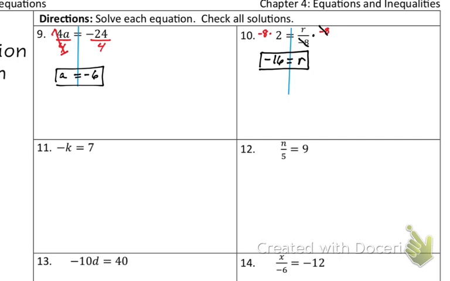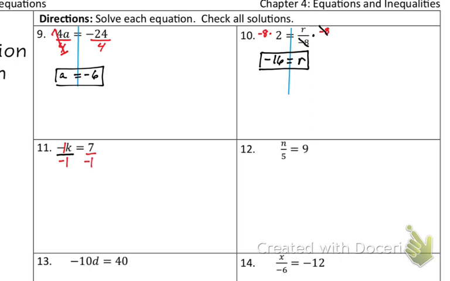All right, now we have kind of a different type of problem here. What's our variable? K. Is it all by itself? No. There's technically a negative 1 in front of it, attached by multiplication. So for that one, we are actually going to divide both sides by a negative 1 to cancel out this negative 1 that's there.